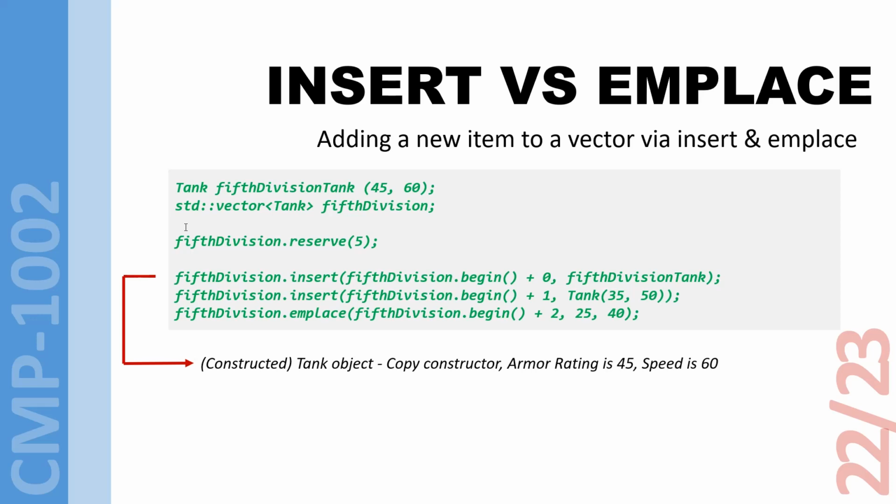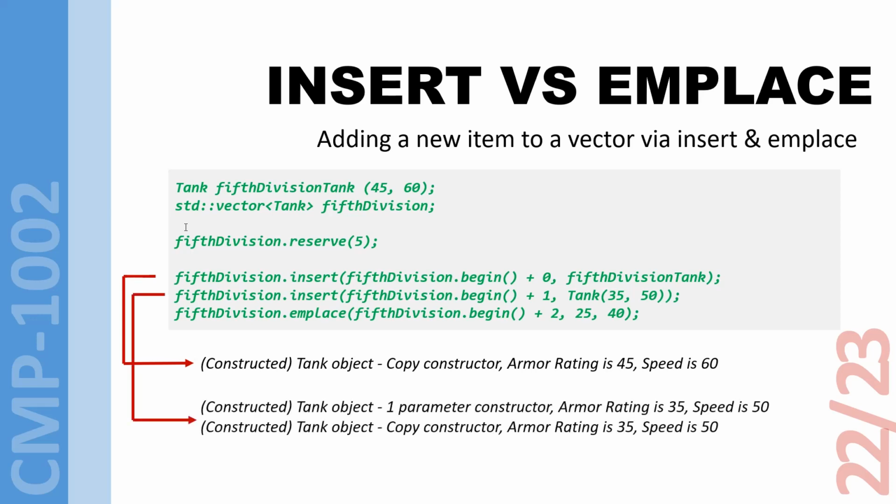Because a 5th division tank object is already an object. So what I'm trying to do is insert that object, but be careful, I am not actually inserting that object. I am inserting a copy of the 5th division tank object. So if I make a change in 5th division square bracket 0, it's not going to make any changes in the actual 5th division tank object. Be careful. These are two different variables.